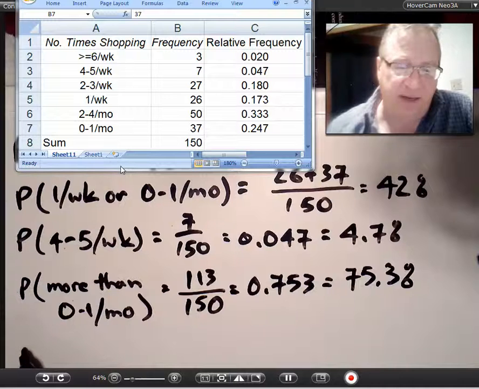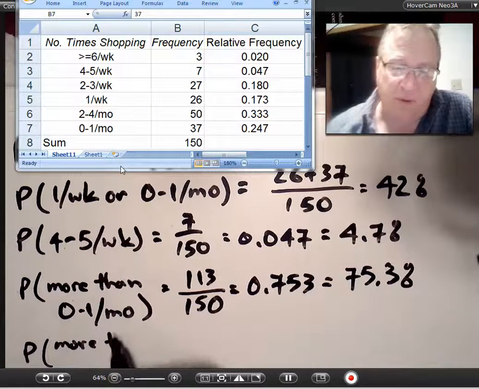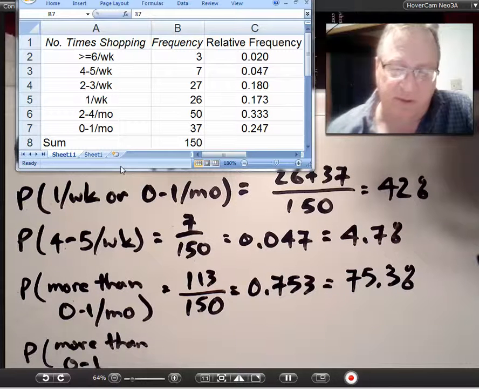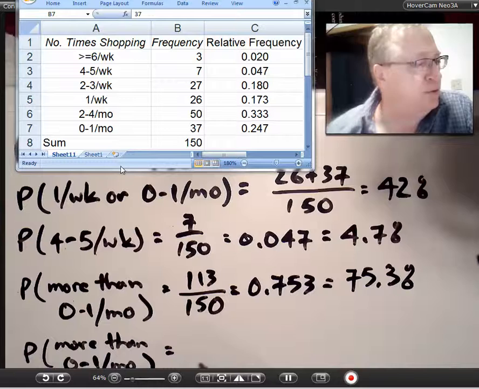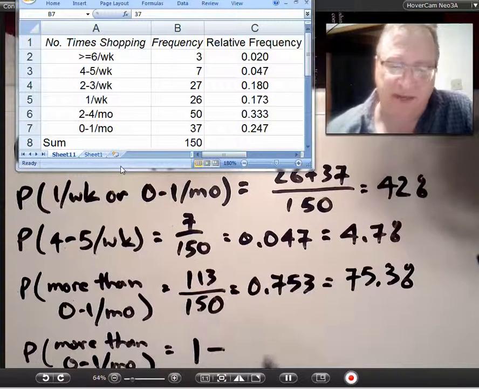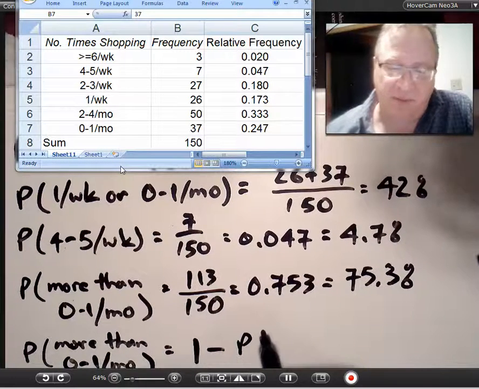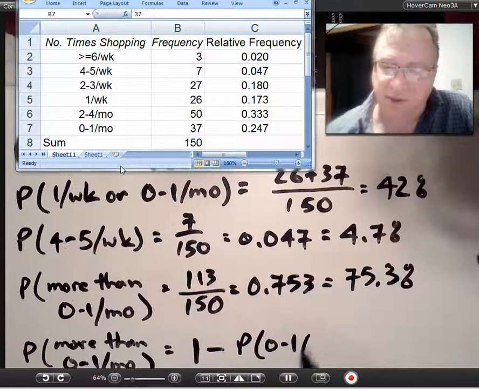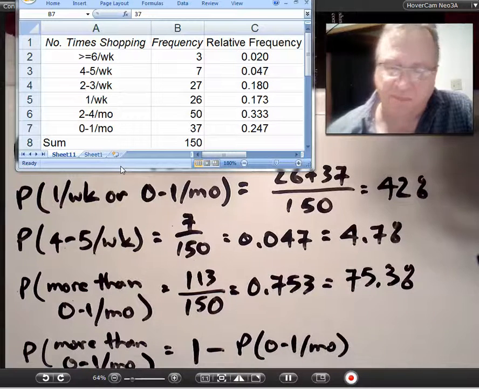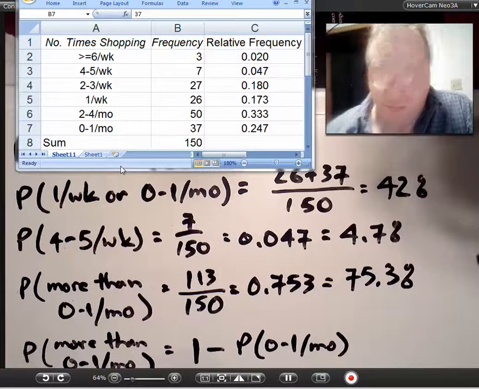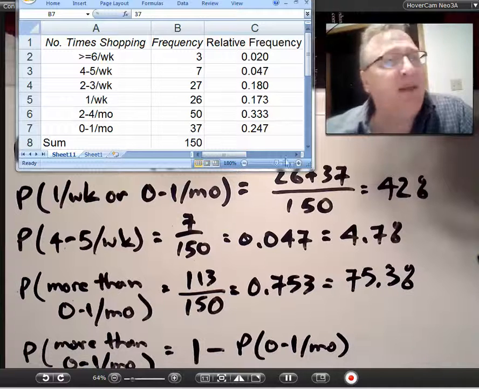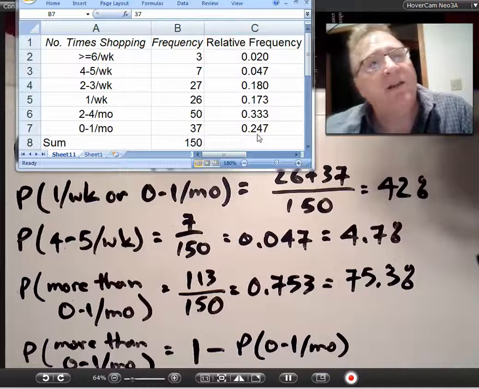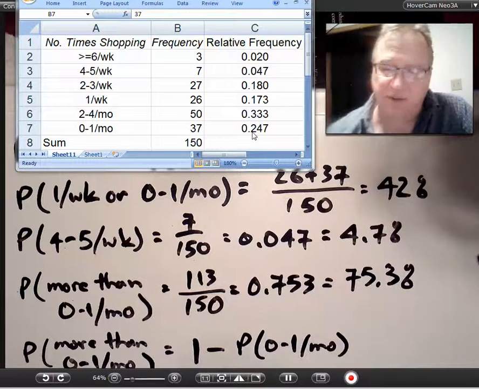The probability of more than 0 to once per month is equal to 1 minus the probability of 0 to 1 per month. Does that work out? Let's see. 1 minus, and the probability of 0 to 1 is, we know, 0.247.